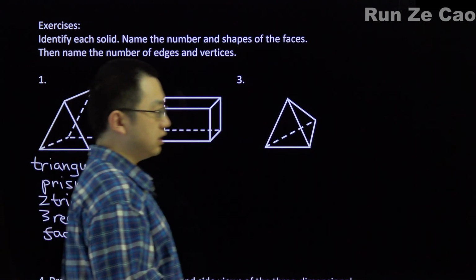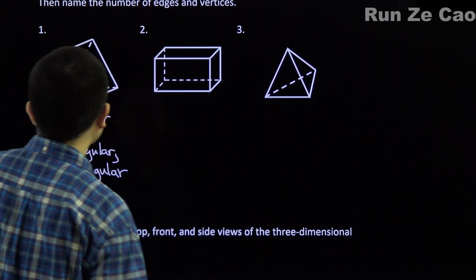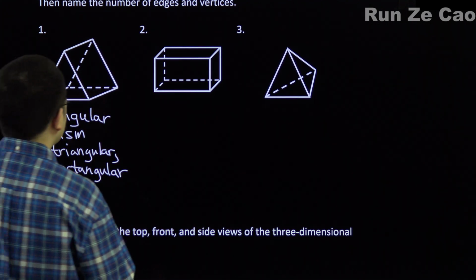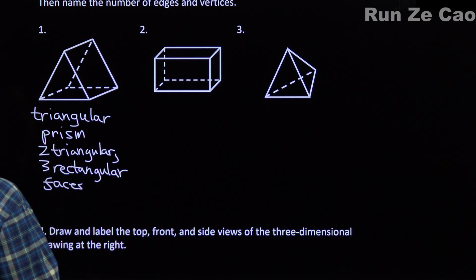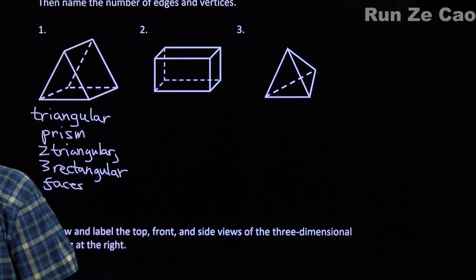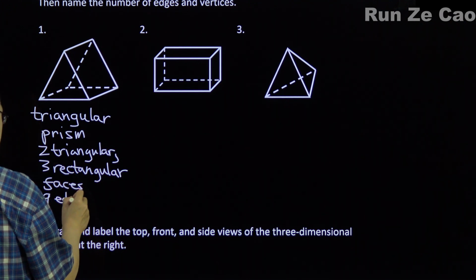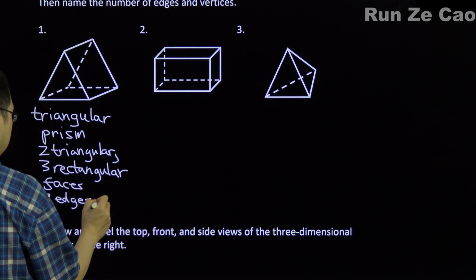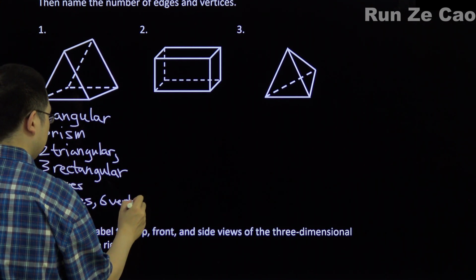And the number of edges and vertices: 3 edges on each base and 3 edges connecting the bases, forming the sides. You're looking at 9 edges and 6 vertices.